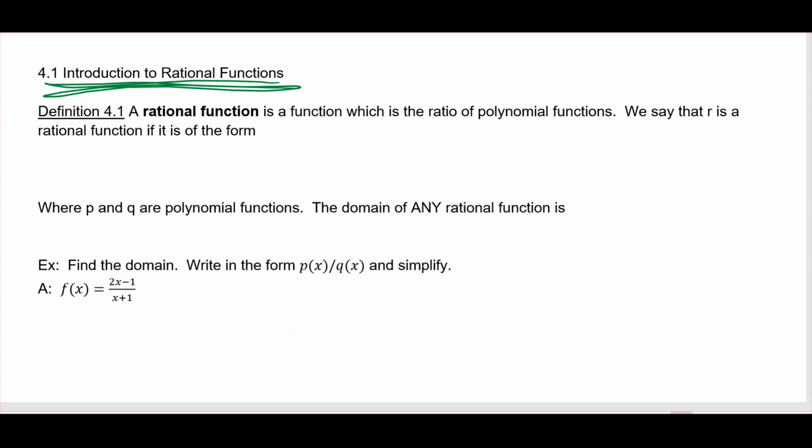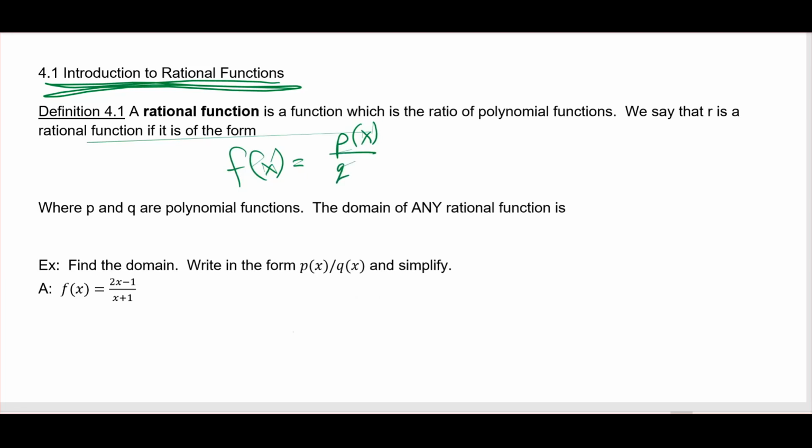So yeah, we got a definition here, which ought to be familiar, right? Ratio of polynomial functions. So a rational function is a function of the form where we've got some polynomial function divided by a polynomial function. So, right, if our function is called f, we're going to be able to write it as a quotient, or a fraction.